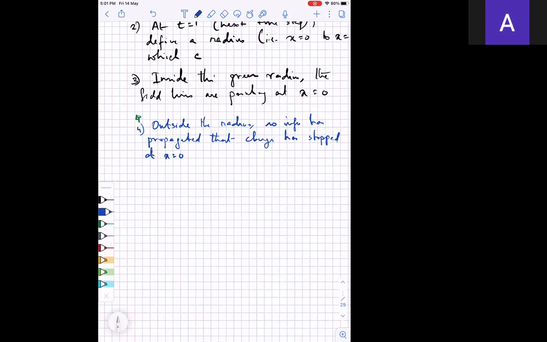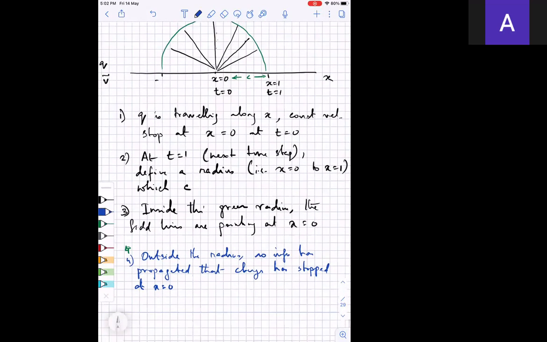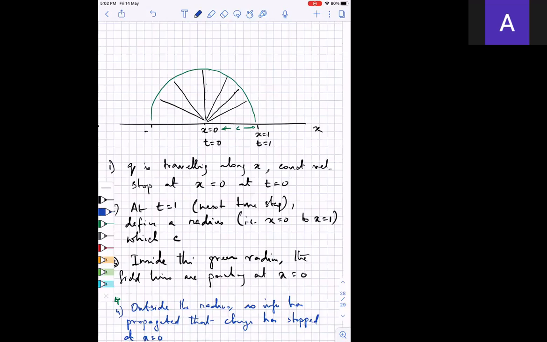Okay, so there's no knowledge of the charge stopping. So outside the radius, people think the charge is moving. So the field lines outside the radius are pointing, because this is at the next time step, at x equal to 1, because it has no idea that the charge has stopped at x equal to 0.